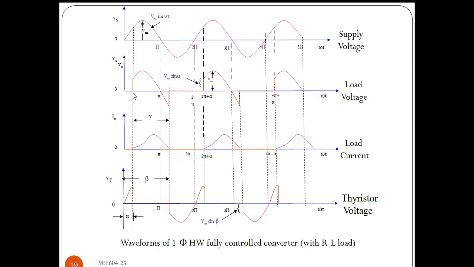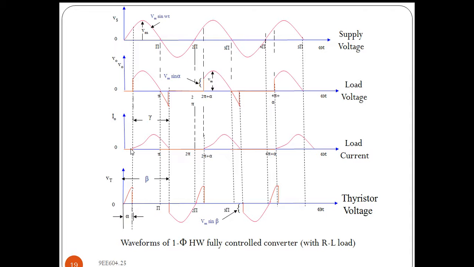The device will be fired at delay angle alpha, then the SCR conducts, so the output voltage follows the input voltage up to pi. Similarly, the current increases and reaches its maximum value near pi.